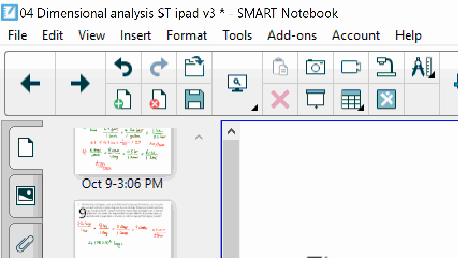So we've got a power raised to another power, we multiply the powers. So looking at this, we've got L to the 1 and T to the minus 1. So that becomes L to the 2 times 1, times T to the minus 1 times 2. And L squared, T to the minus 2.